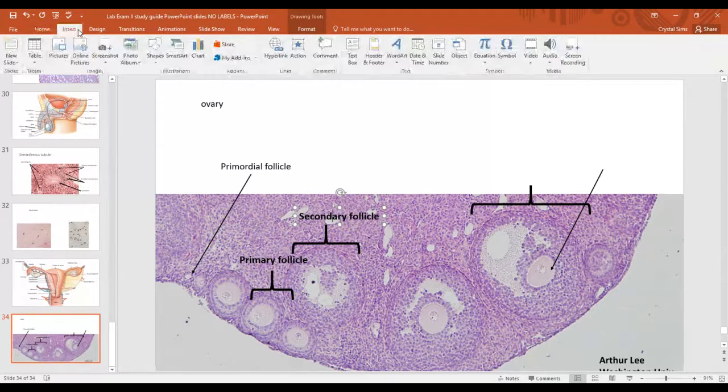All right, so my first one, my teeny tiny one here, is my primordial follicle. All right, then they get bigger. So what is my one that's next to it that gets a little bit bigger? First I have primordial, and then I have what?